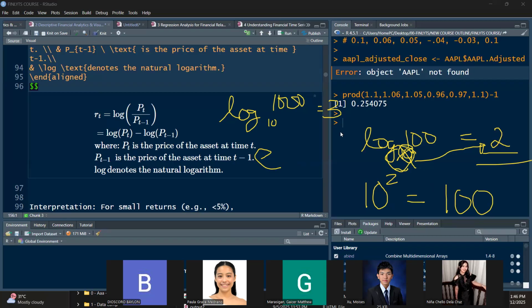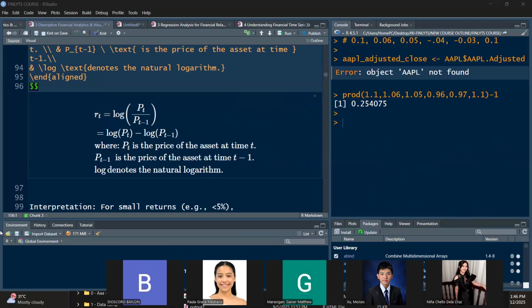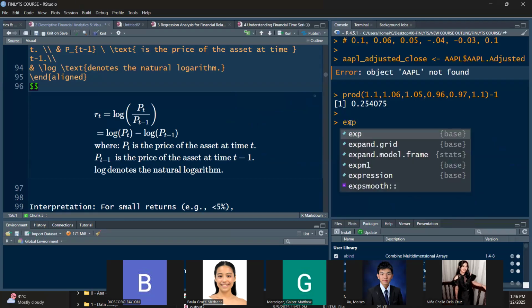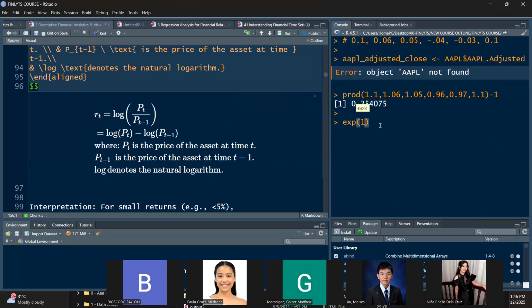The approximate value of E is, let's delete this. In R, we use the symbol exp. So this is E to the first power, and it's equal to 2.718. I don't know if we can increase the decimal places. Let me see if this will work.